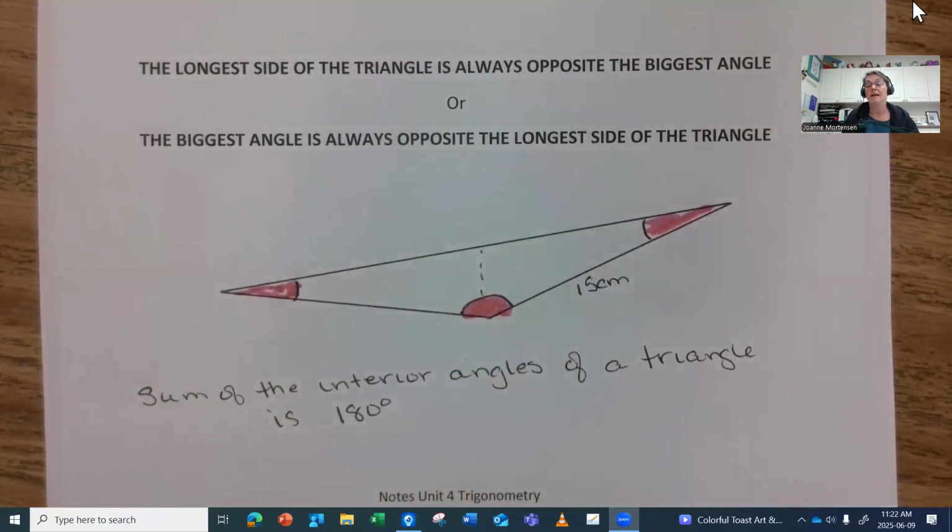You should know that from grade 10. We also did angles and polygons, and we already did a lab on that. You know that's the answer.